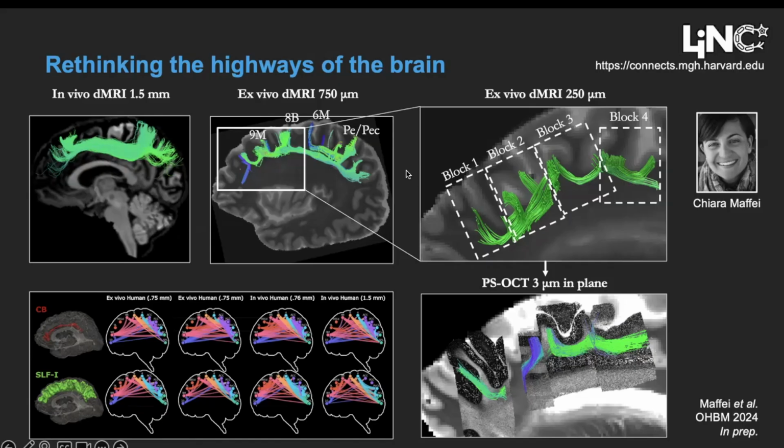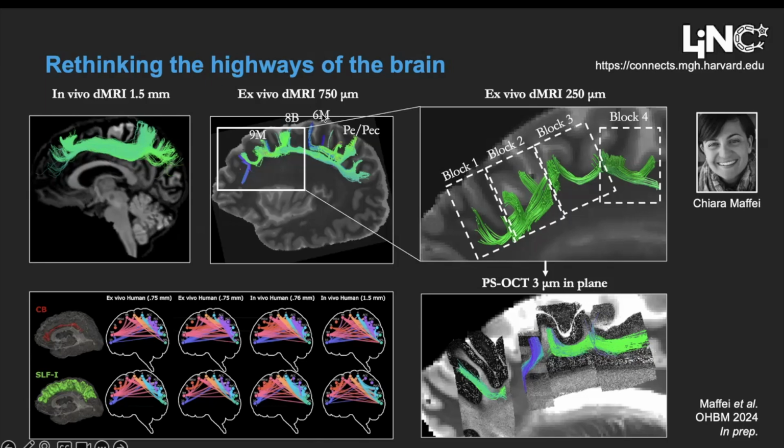This is not surprising to an anatomist, because previous tracer studies in non-human primates have described how these large pathways, which in tractography we think of as one monolithic structure, are more like a highway that serves as a conduit for smaller fiber bundles that merge onto the highway, travel along it for part of its trajectory, and then merge off and connect a more nearby cortical area.